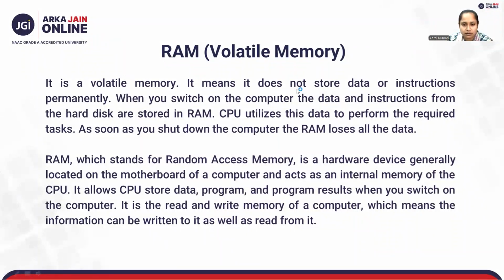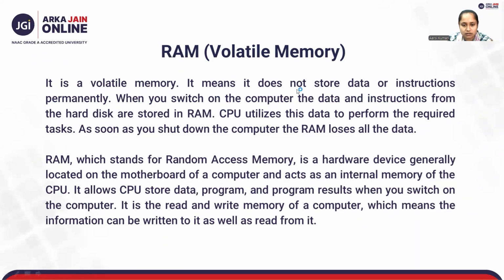RAM is a volatile memory, which means it does not store data or instructions permanently. When you switch on the computer, the data and instructions from the hard disk are stored in the RAM. For example, when the computer is rebooted and when you open a program, the operating system and the program are loaded into RAM, generally from an HDD or SSD.